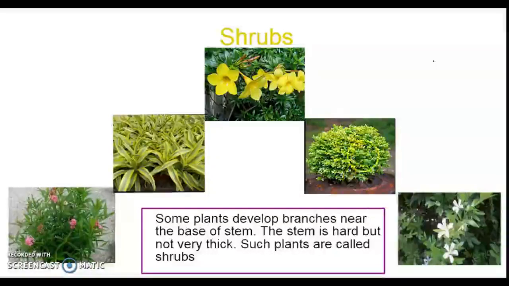So what are shrubs? The shrubs are plants which have more height than herbs, and they do have a stem which is hard, but they are not as thick as that of trees. These are some examples of shrubs.